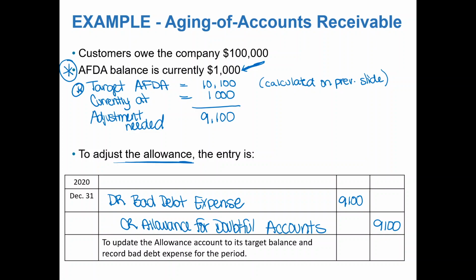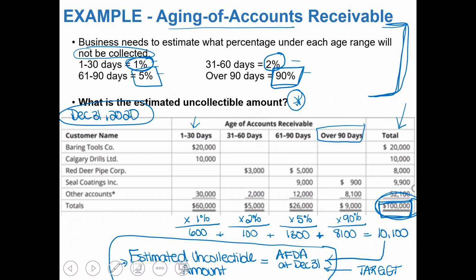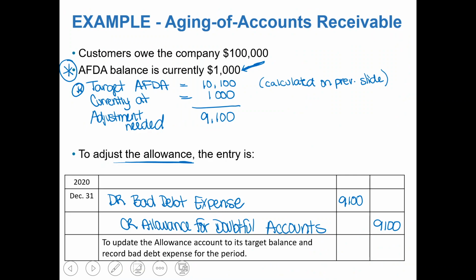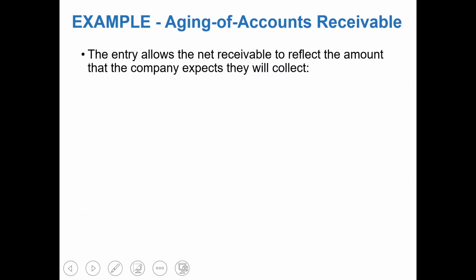Therefore, we use the contra account, allowance for doubtful accounts. Okay, so it's important that we're noting here, with aging of accounts receivable, we don't use the amount that we calculate as this AFTA in our journal entry, because we're taking into account what's already sitting in that AFTA account.